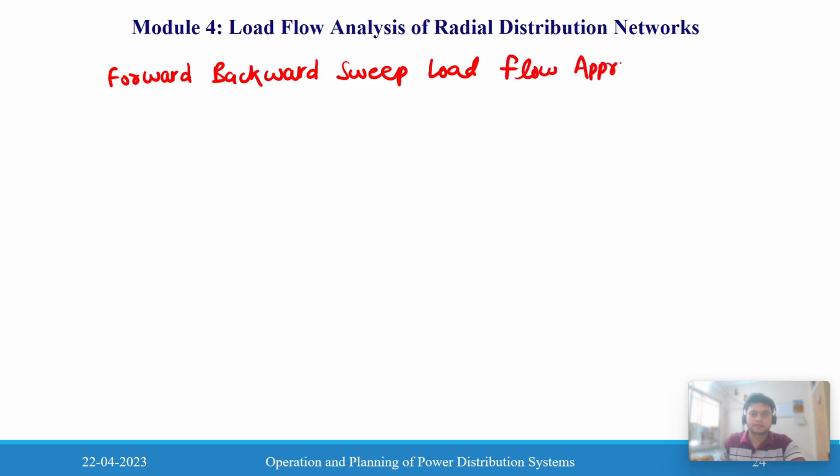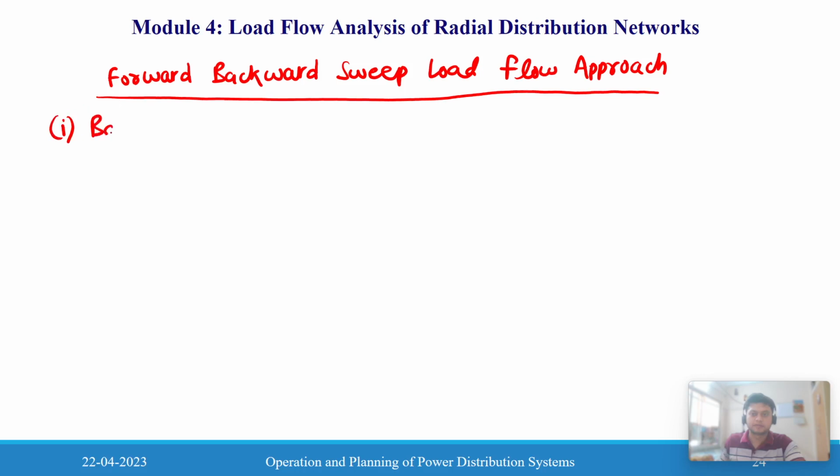And we know the advantage of radial distribution is that power flow is unidirectional, so we can determine both voltage profile and power loss of a network. First we apply the backward sweep.